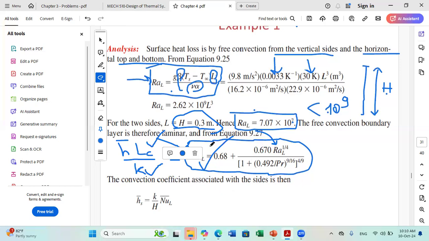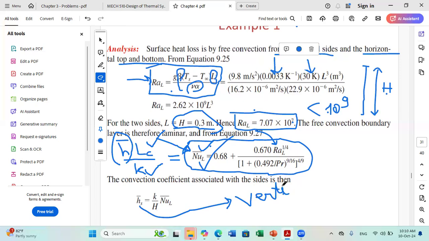You have calculated Nusselt according to the empirical relation. Now you are ready to calculate h bar. And this coefficient h bar is for what? It's for the vertical sides.